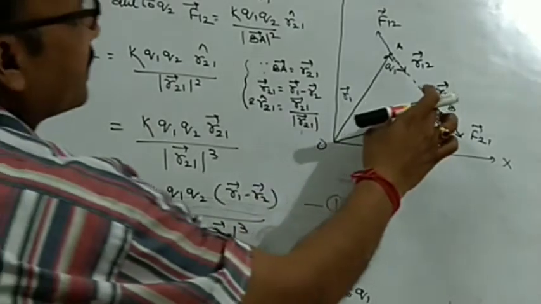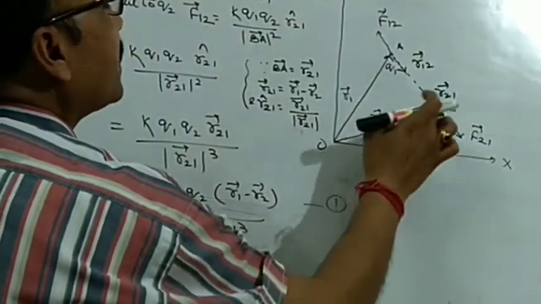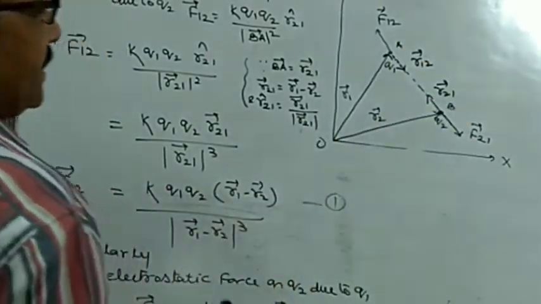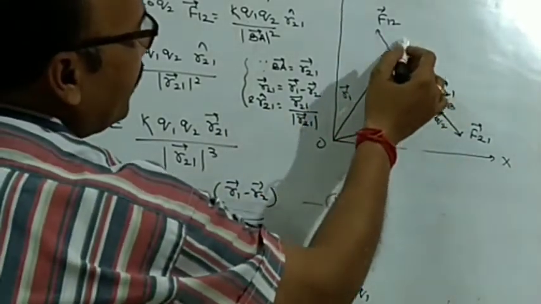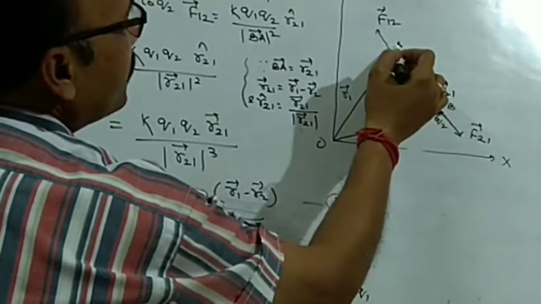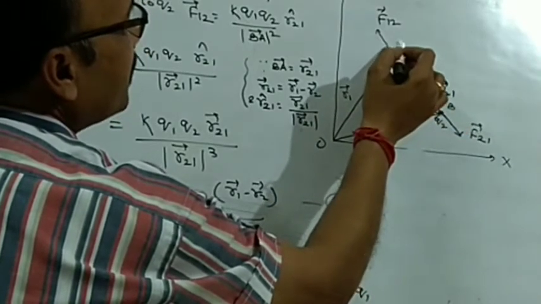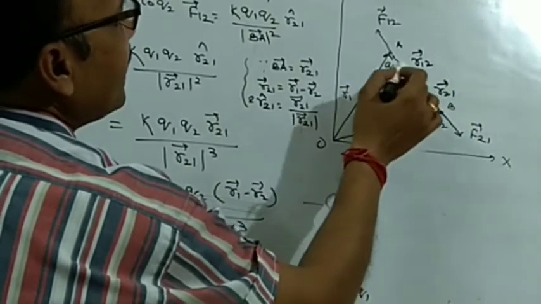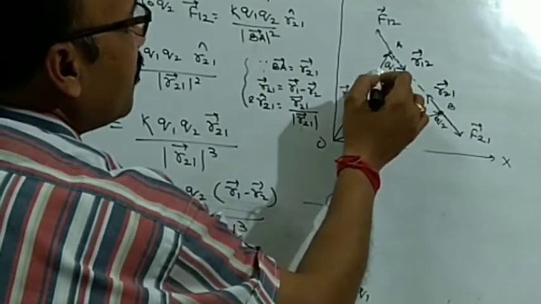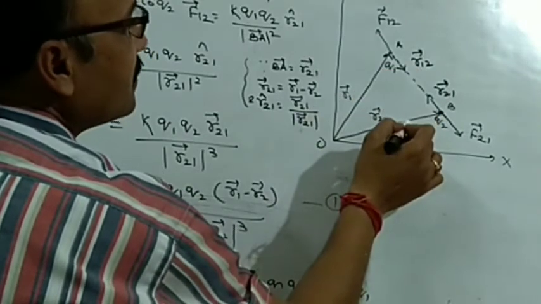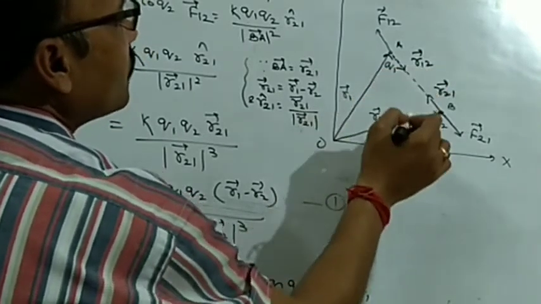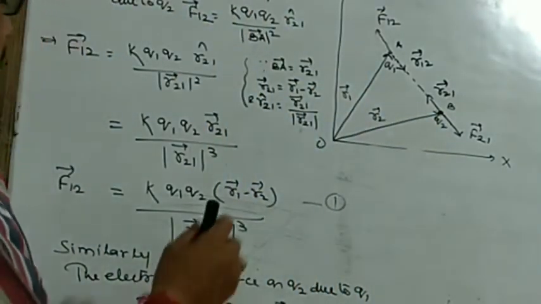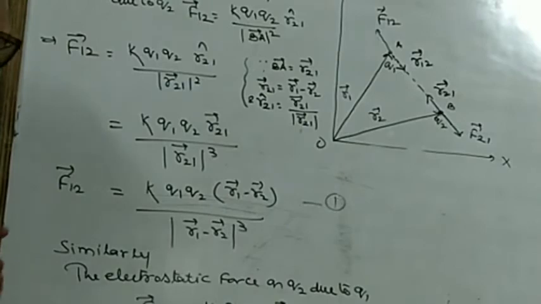This is obtained due to the triangular law of vector addition. Suppose you want to find the value of vector R12. This R12 starts from point A and ends at point B. So this vector and this vector will be in the same direction, so the sum of these two will be equal to this vector. So this vector will be equal to this vector minus this vector. That's why. So this is equation first.